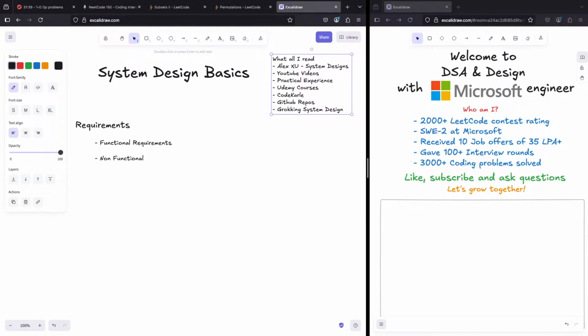Okay, let's talk about designing now. I don't want to start with URL shortener, so I'm just finding a good starting problem.